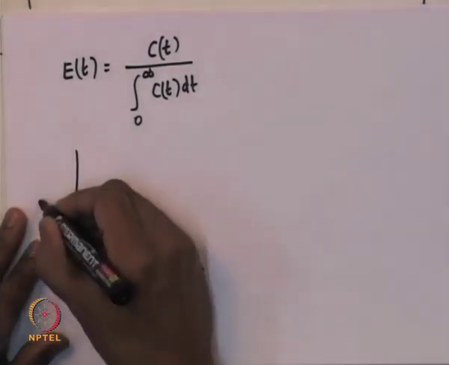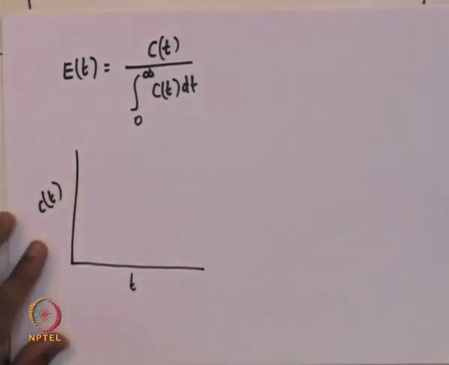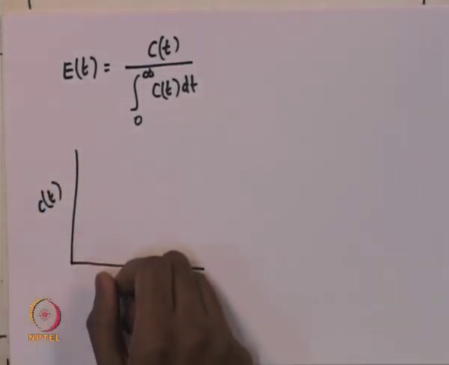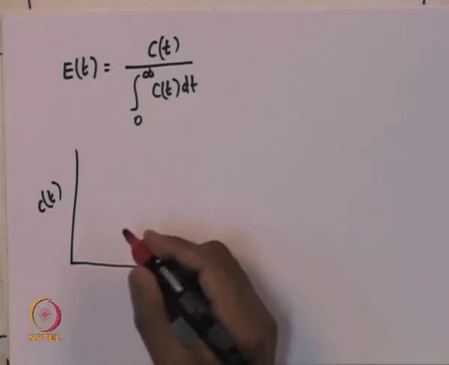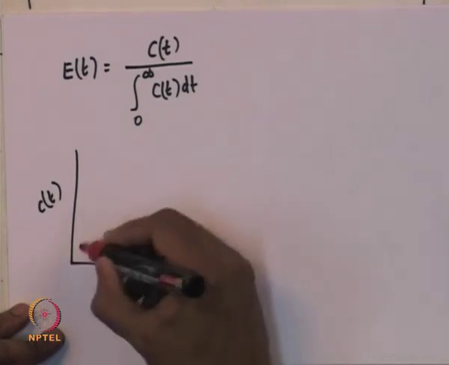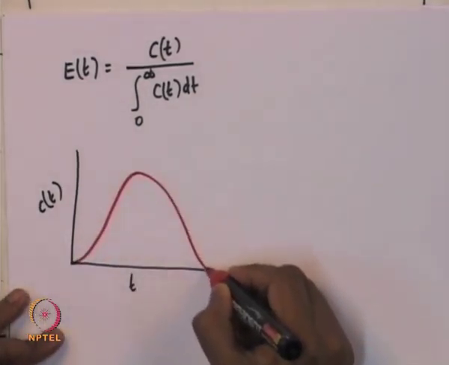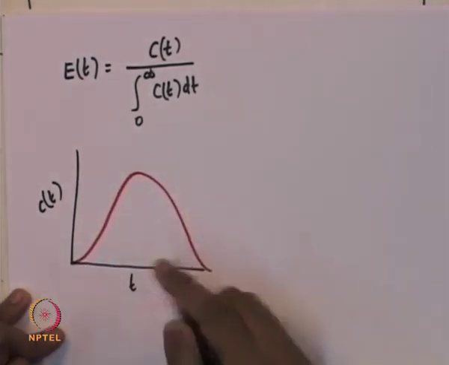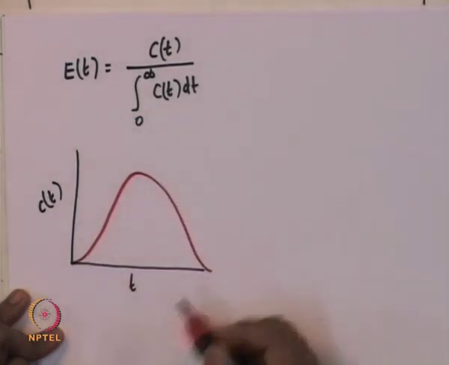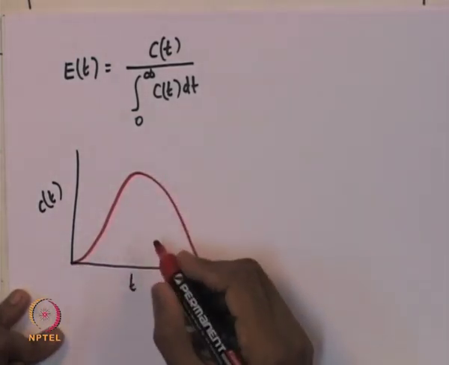So, if I plot the concentration versus time graph, the effluent concentration as a function of time, suppose it looks like a bell shaped curve. That is the concentration of the tracer in the effluent stream as a function of time.